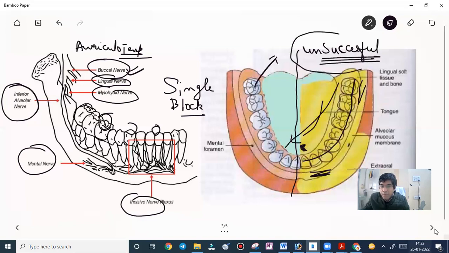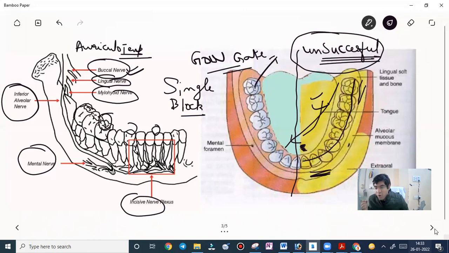In order to be a good clinician, you should know when to give the Gow Gates block. It is required when lingual soft tissue anesthesia is required and when the conventional inferior alveolar nerve block is unsuccessful. A successful practitioner is one who provides painless dentistry to the patient.